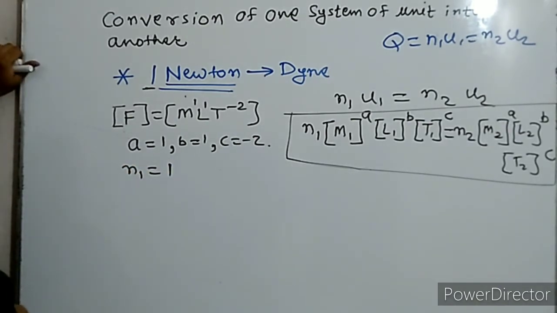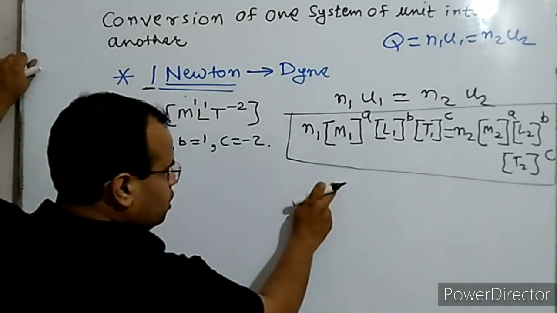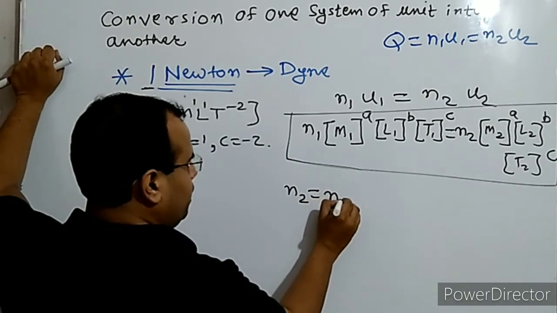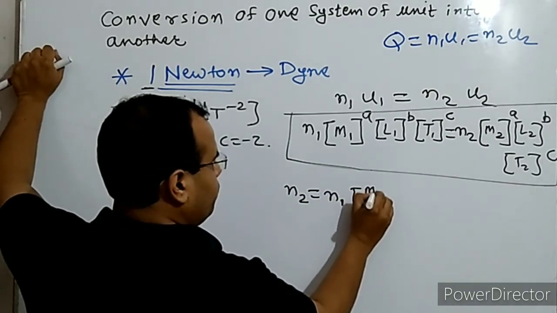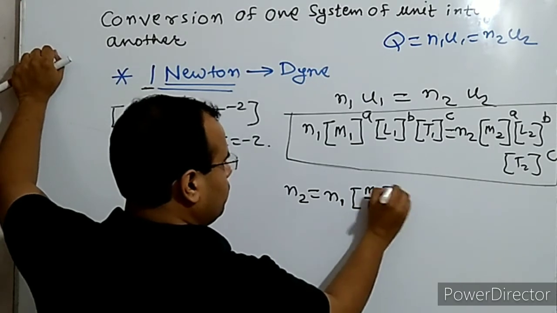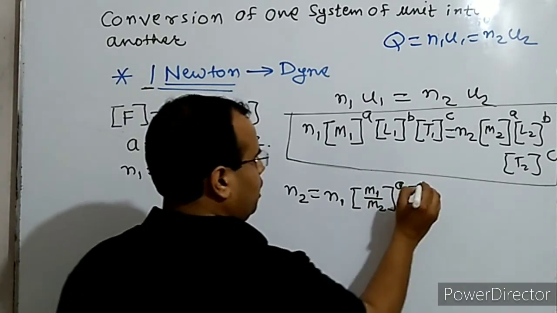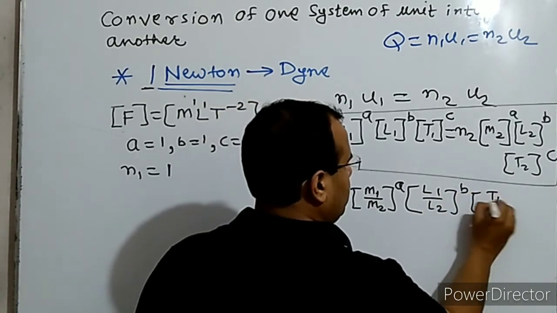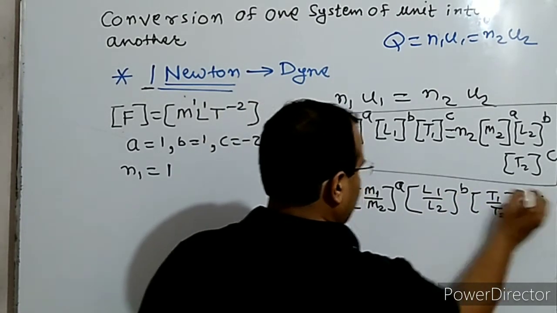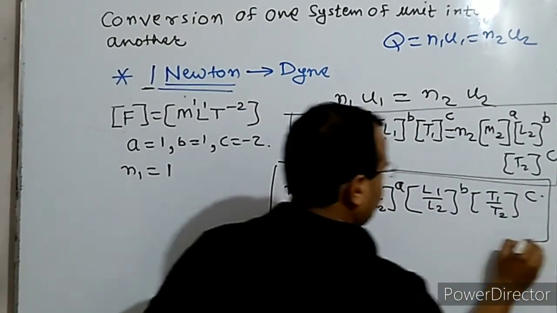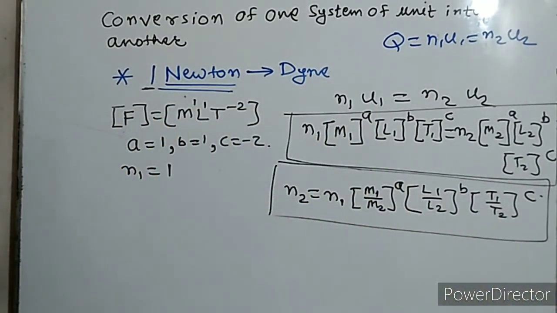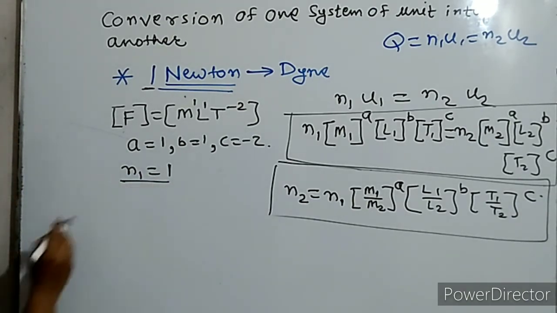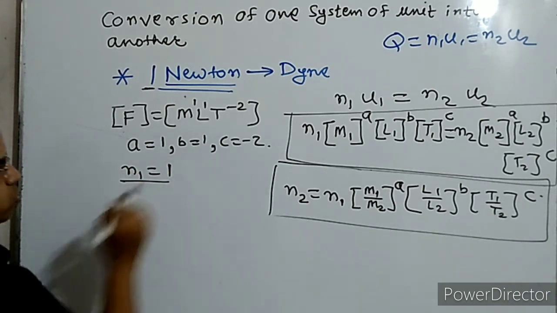Now the formula which we are going to use, we can convert it like this also: N2 is equal to N1 into M1 upon M2 to the power A, L1 upon L2 to the power B, and T1 upon T2 to the power C. So you can consider this as the final formula which we are going to use. In this formula N1 is 1, N2 we have to find, and A, B, C values are there.